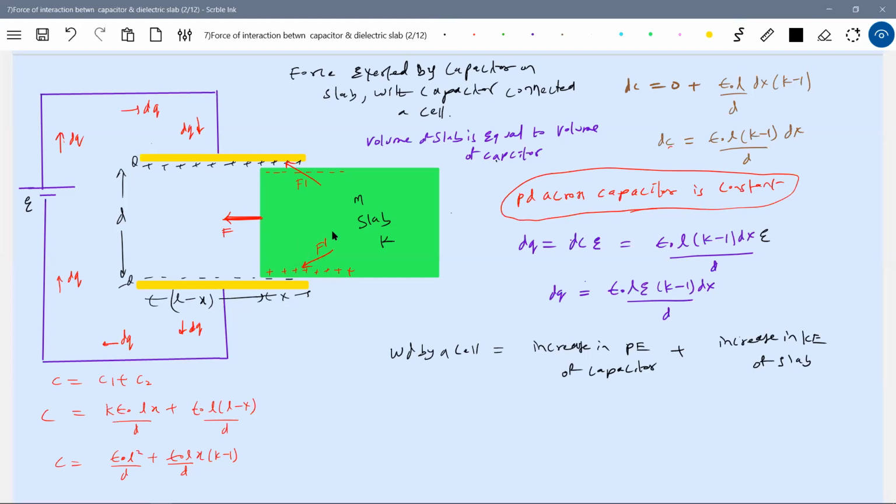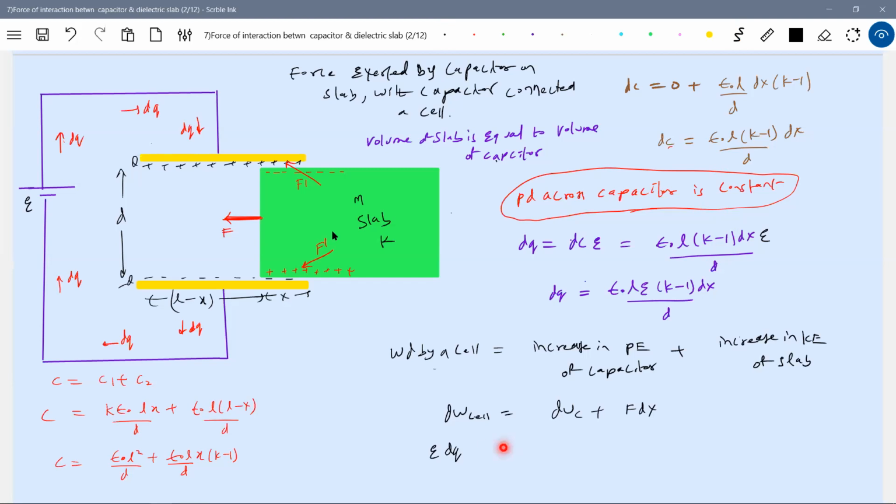Okay, fine. Now, the work done by the cell is dW, the increment in potential energy of the capacitor is dU_C. What is the increase in kinetic energy of the slab? Who will increase this? The force, so we write it as F into dx. Now the work done by the cell is E into dq. Do we know dq? Look here.